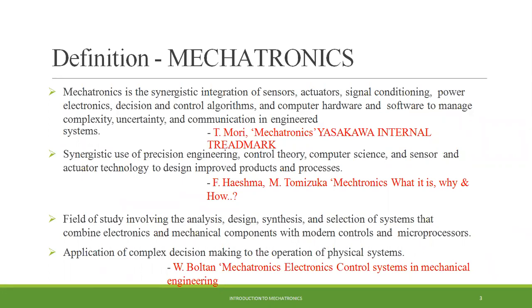This will exist in the electrical department, that is ECE combinations, and power electronics will be related to the triple E department, electrical and electronics department, decision and control algorithms. This is nothing but, and even the computer hardware and software to manage the entire complexities. Nothing but indeed to operate these sensors, actuators, and give signals to the signal conditioning units.